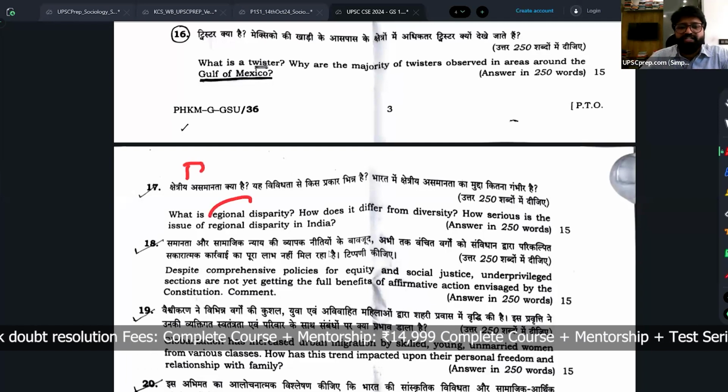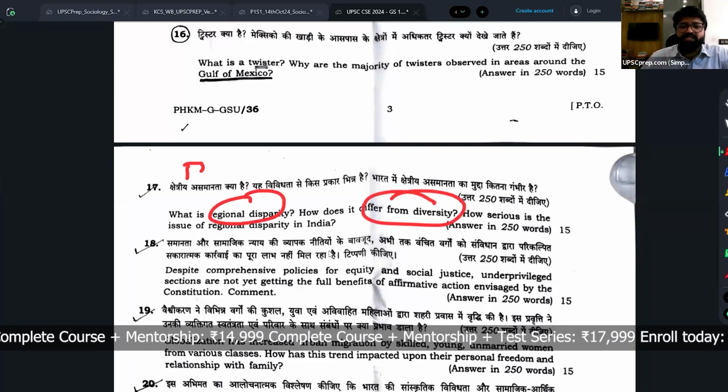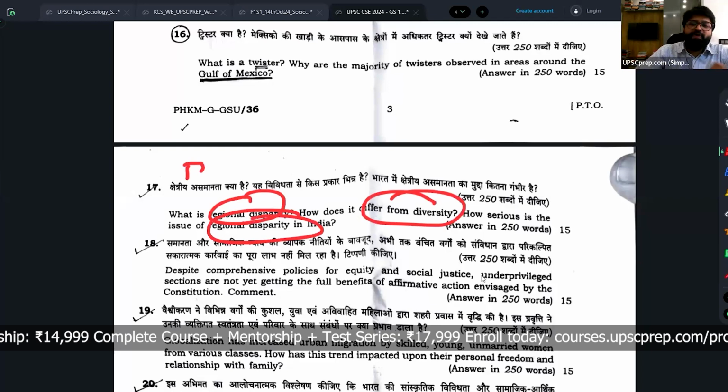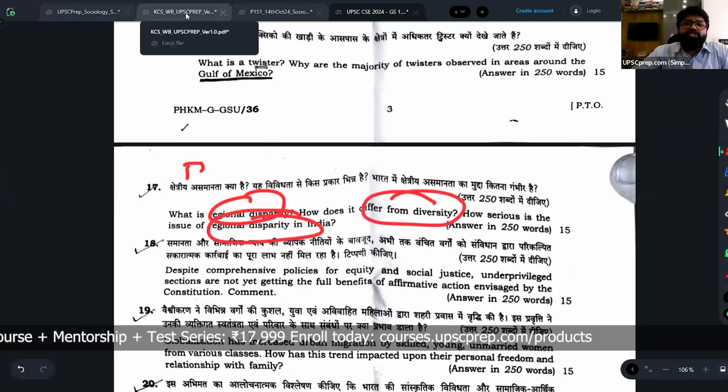Regional disparity, diversity: from which part of sociology paper 2 would you borrow content into this GS answer?